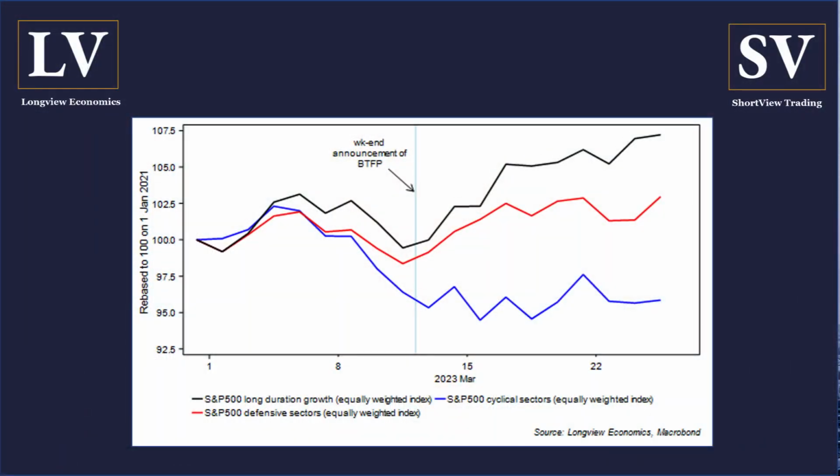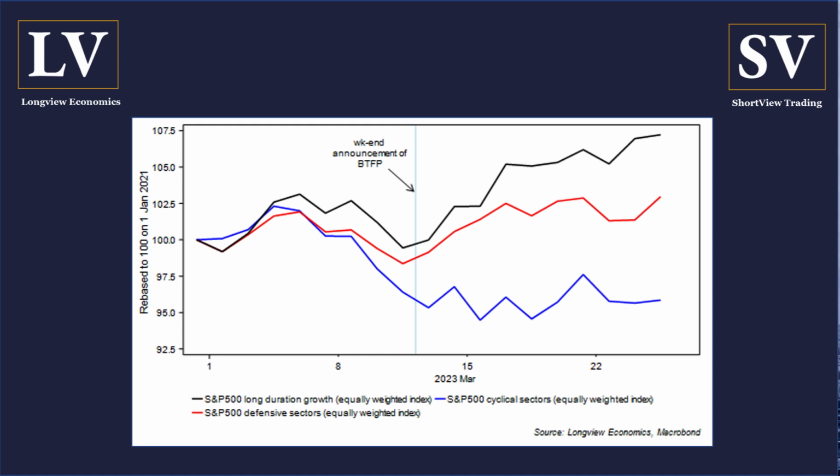The key to understanding this differentiated market behavior over the course of March is digging into the sector performance in the US. If you look at the chart in front of you now, we split the S&P 500 into three very big picture sectors: the cyclicals in aggregate, industrials, financials, and so on, energy in there; the defensive sectors, things like staples, healthcare and so on; and then the long duration growth sectors, the tech, the Amazons, the communication services.